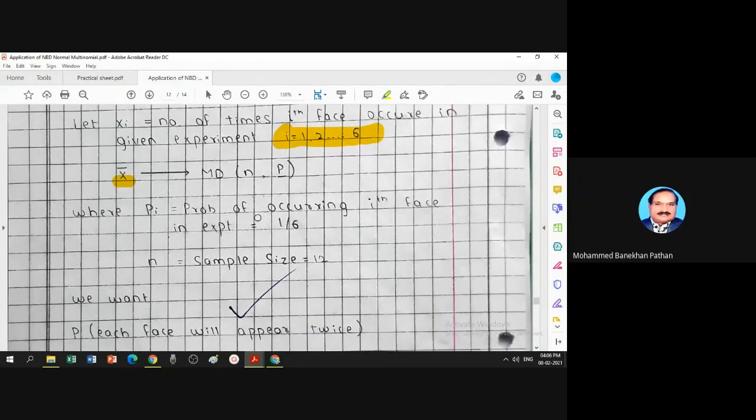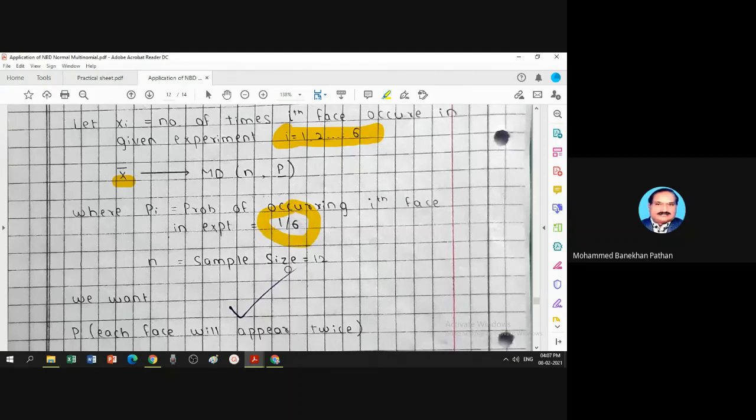Pi is the probability of the ith face occurring in the experiment. Suppose you are throwing a fair, unbiased dice. So every outcome has equal probability. That's why P1 equals P2 equals P3 equals P4 equals P5 equals P6, and that is equal to 1 by 6.